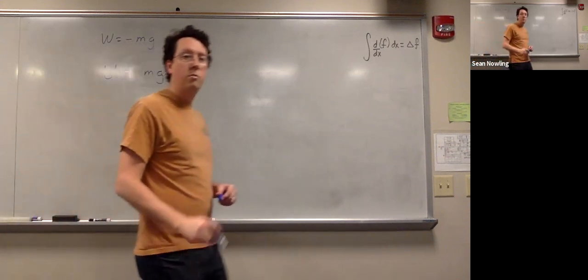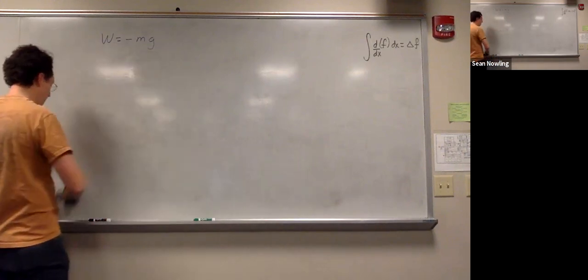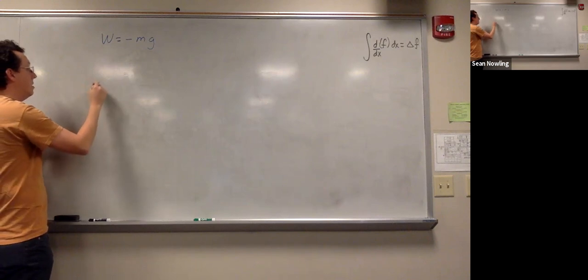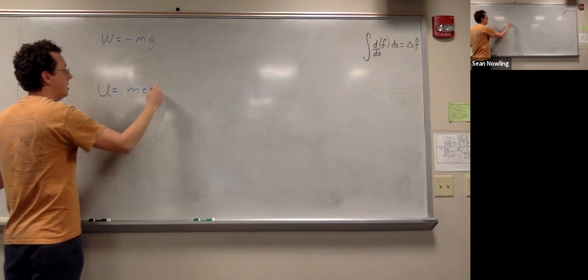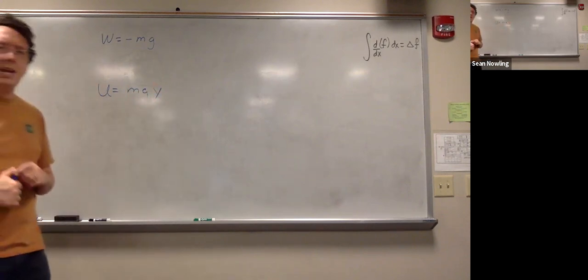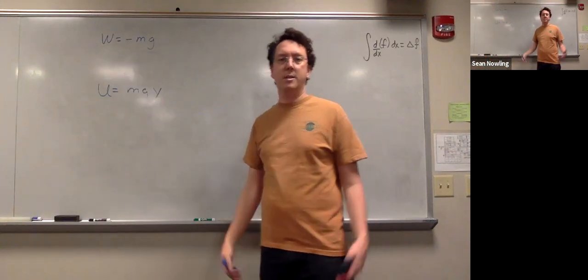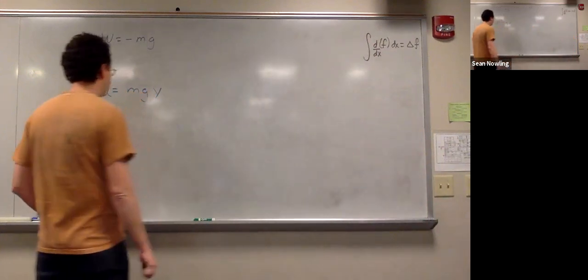So U equals mg times the height, y. I apologize, I keep getting this glare. U equals mg times y, the height, y. Sometimes people say mgh, but we've used y as a coordinate for up and down through most of the semester. I feel like I should stick to that. So that's what I will do.